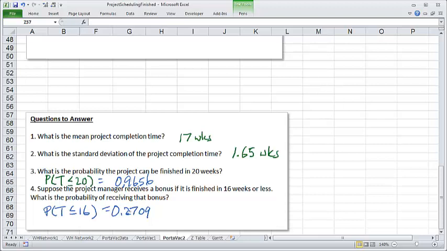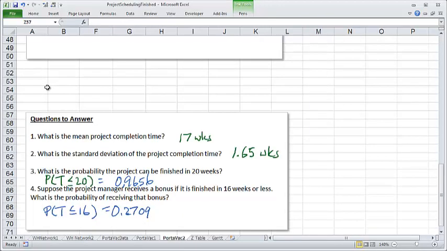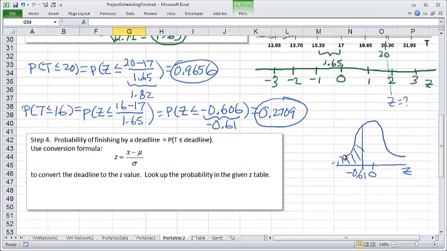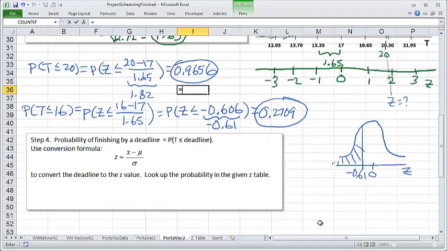Okay, one thing I could mention here is, well, this is if you're using the table, using this z-table, but you could also, of course, use an Excel formula to get the areas under the curve. So for instance, here's a formula.